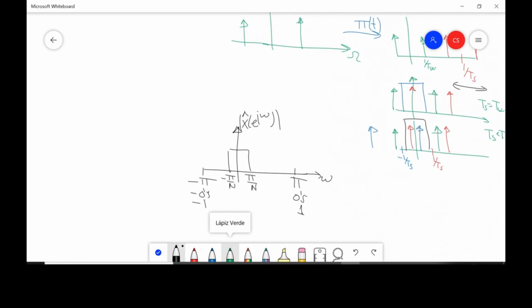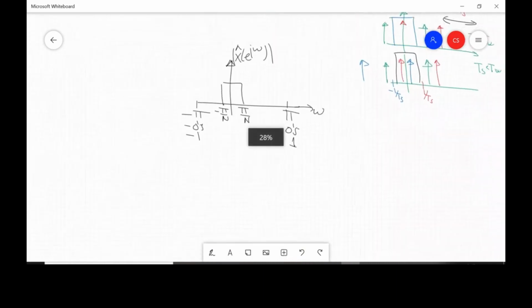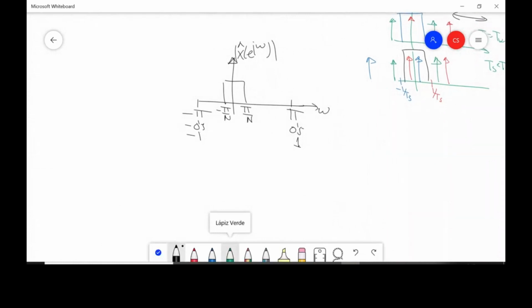But the idea is that if you are going to do a decimation by factor n, the important thing here is not the exact normalization.